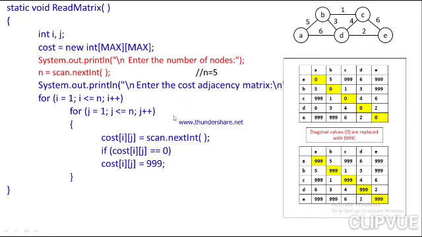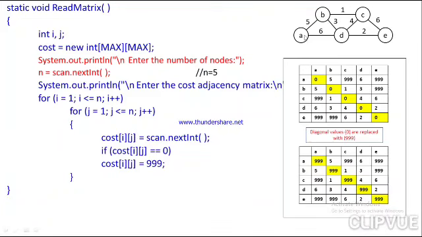Now we will go for read matrix. So what is there in the read matrix is just you are reading the matrix. So that is, enter the number of nodes, that is 5 for this particular graph. Then enter the cost adjacency matrix. So you need to enter the cost, that is A to B it is 5, and all diagonal elements are 0.